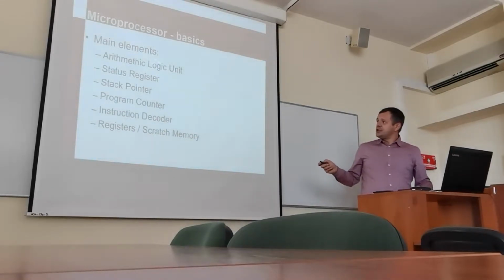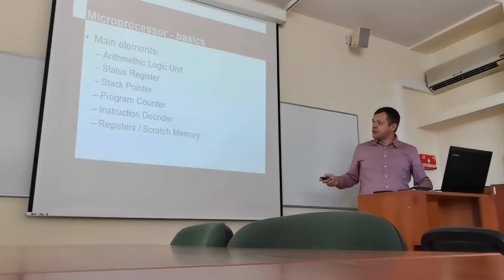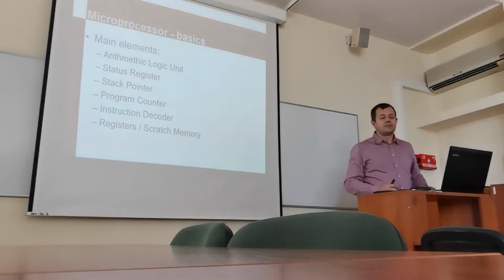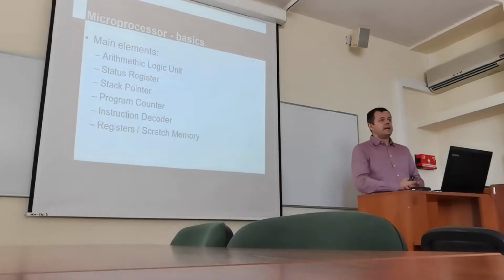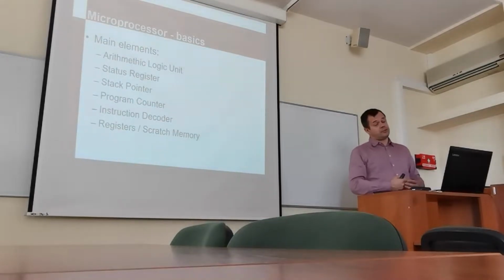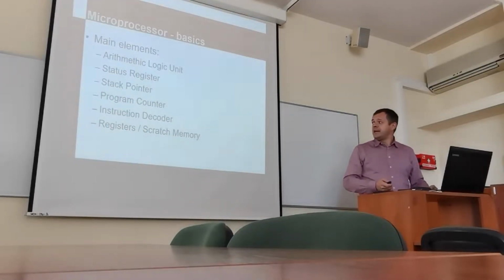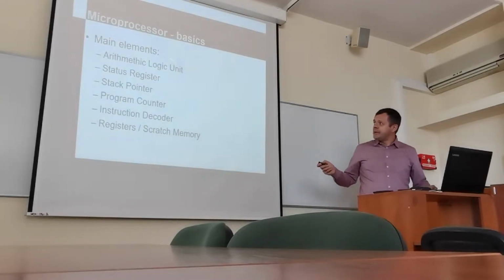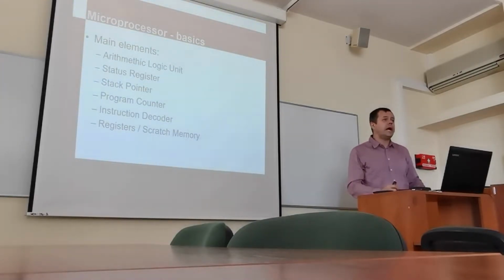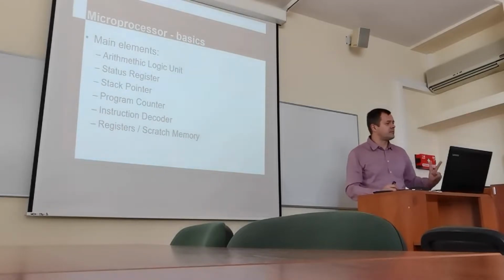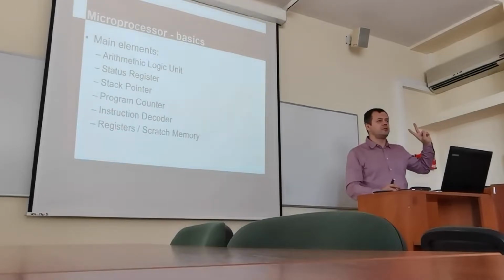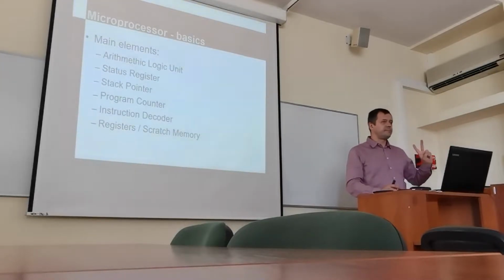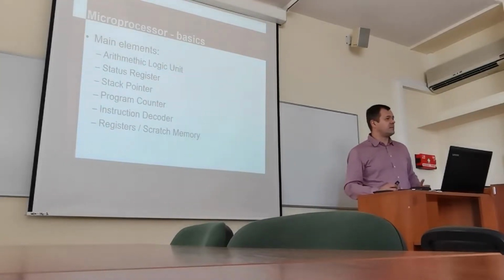The behavior of this unit is controlled by the instruction decoder. So the instruction decoder is taking the stream of instructions from the instruction memory, and this stream is then driving the behavior of the arithmetic logic unit. And again, just two elements here, the CPU. Instruction decoder and arithmetic logic unit, two major blocks, and must-have blocks inside a microprocessor.